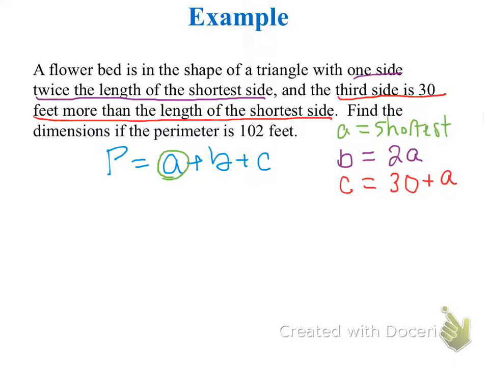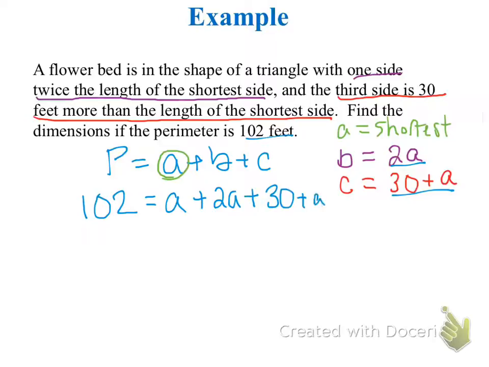You can substitute in. So P, the perimeter, 102, equals A plus, instead of B, I'm writing 2A, plus, instead of C, 30 plus A. Now all I have to do is simplify, combine like terms, and life is good. So this gives me 102 equals 1A, and 2A is 3A, and another A is 4A, plus 30.